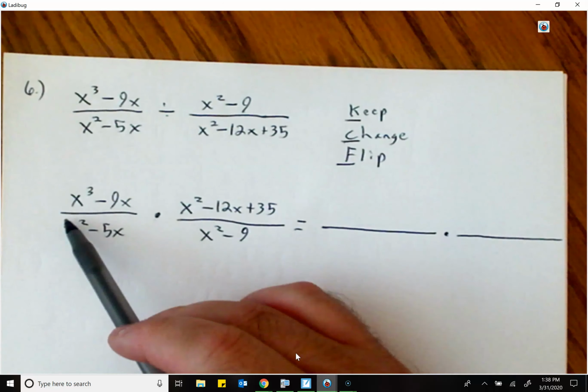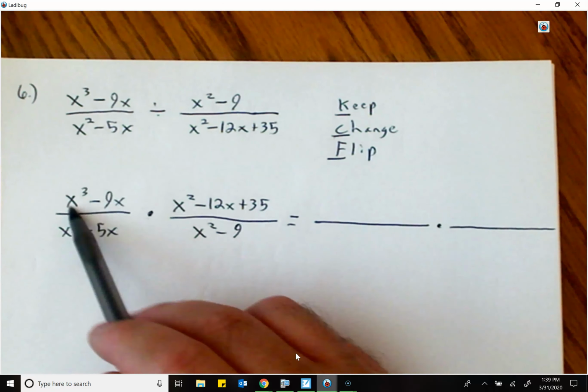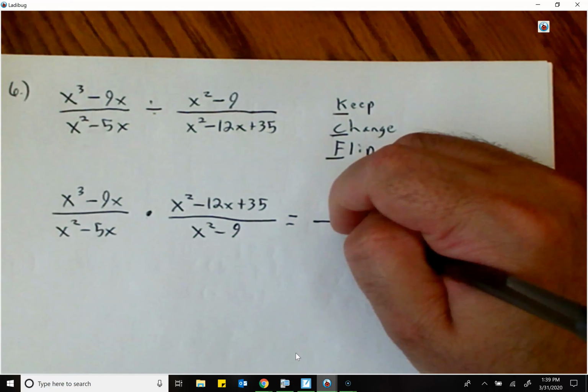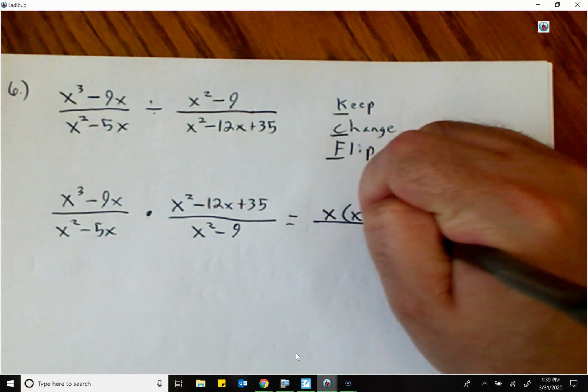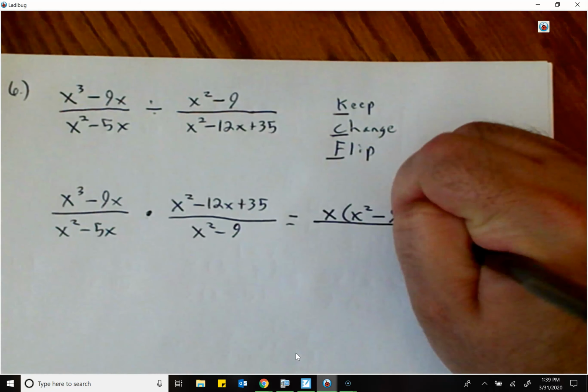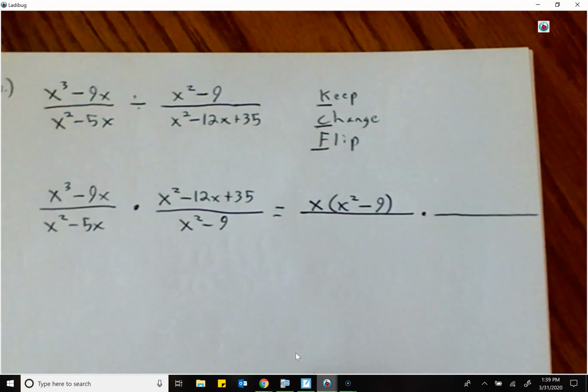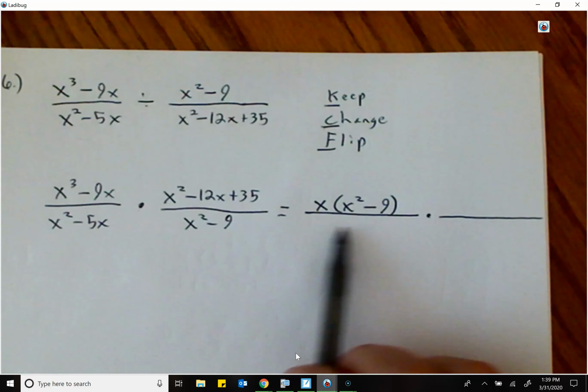So right here, x cubed minus 9x. This is a GCF problem. So we're going to pull out an x, and that will give us x squared minus 9. Okay? But this continues to factor.